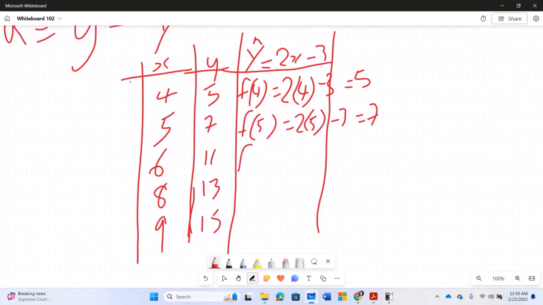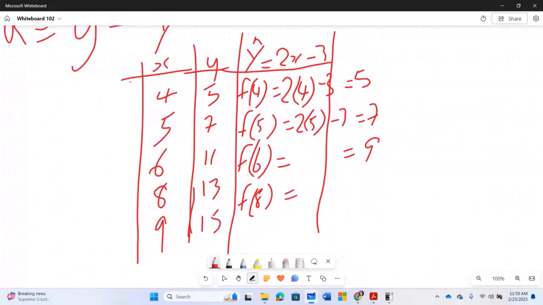F of 6 is 12 minus 3, which is 9. F of 8 is 16 minus 3, which is 13. F of 9 is 18 minus 3, which is 15.